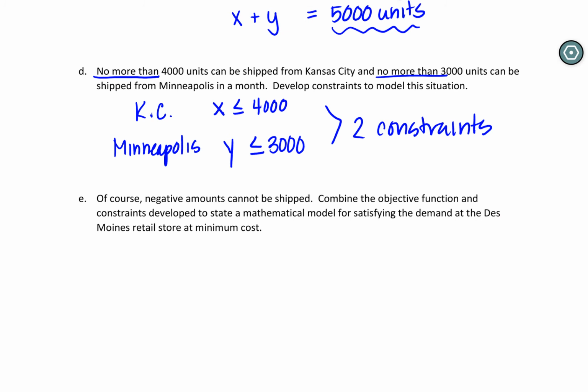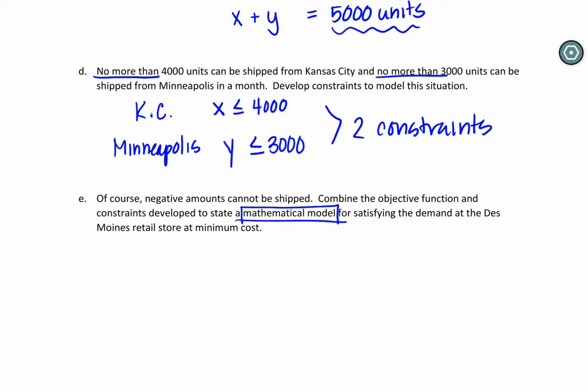So part E says, of course, negative amounts cannot be shipped. Combine the objective function and the constraints developed to state a mathematical model. So that means we are going to put everything together for satisfying the demand at the Des Moines retail store at a minimum cost. So we need to put everything together now. So what do we know?